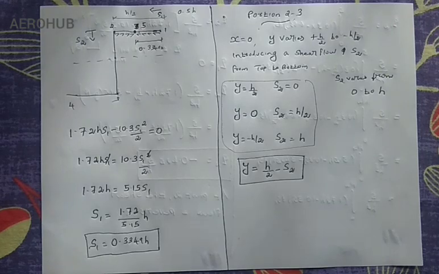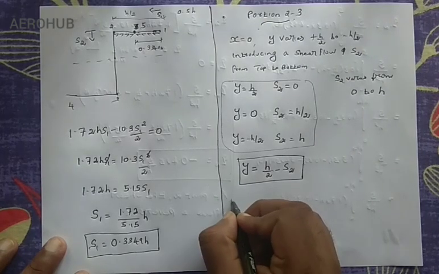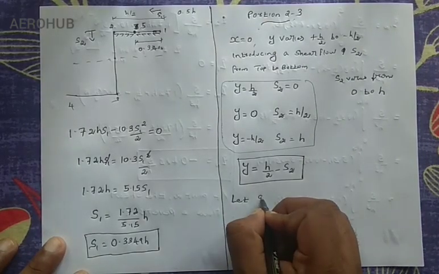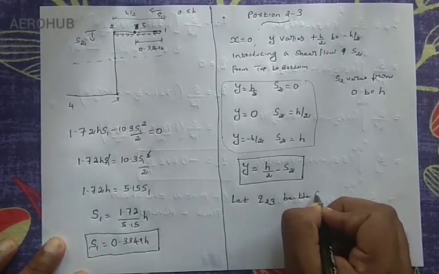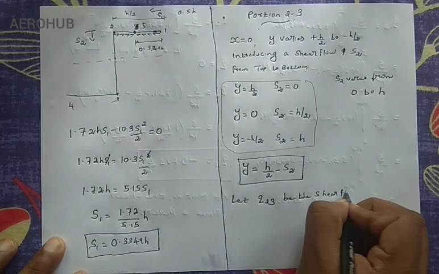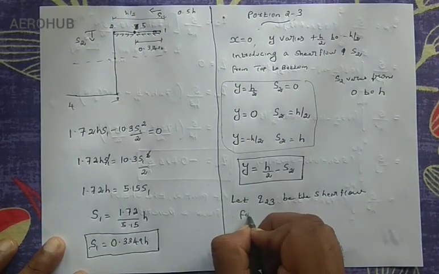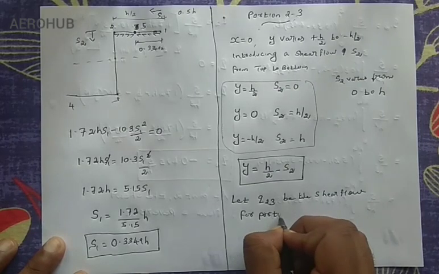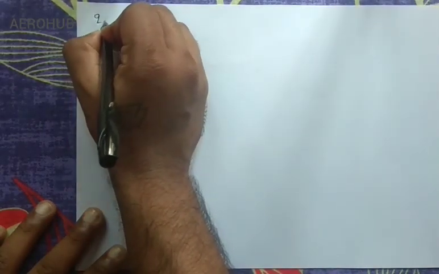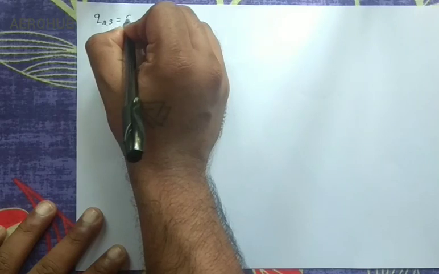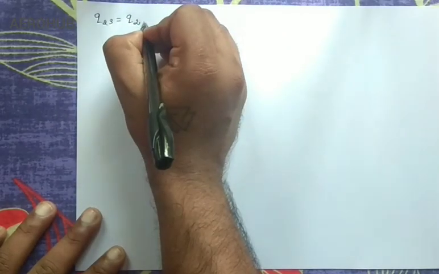Now we will be finding out the value of shear flow for the portions. Let Q23 be the shear flow for portion 2, 3. So Q23 will be equal to Q2, because we have to superimpose the previous shear flow.